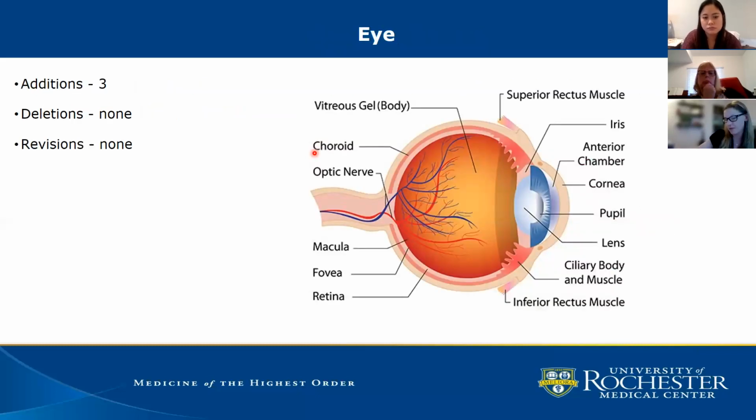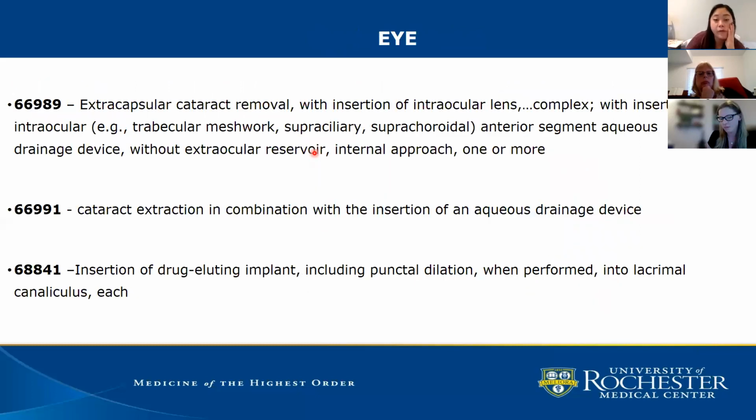Now we're going on to the eye. We had 3 codes that were added. We did not have any codes that were deleted or revised. So all 3 of these codes on the slide were also category 3 codes, and they're related to cataracts. So 66989 and 66991.